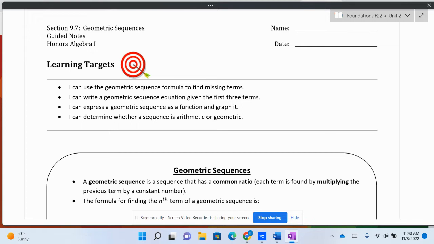Yeah, that's exactly right. The geometric sequence uses what's called a common ratio, and you multiply to get the next term, where an arithmetic sequence uses what's called a common difference, and you add or subtract to get the next term. Does that make sense?